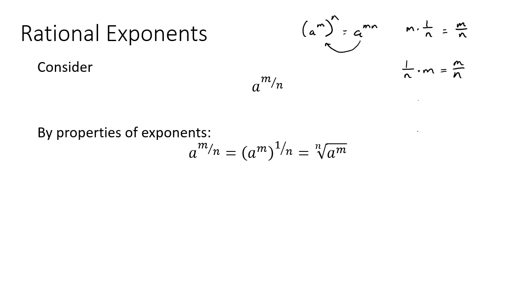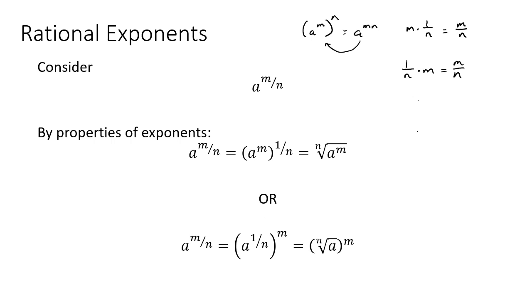So let's split this up in the other order. This time I'm going to write it as a to the 1/nth power in parentheses raised again to the mth power. So same as before, if you tried to simplify this, you would multiply the two exponents together, which would still take us back to a to the m/n, where we started.